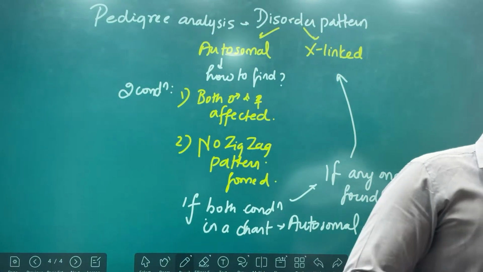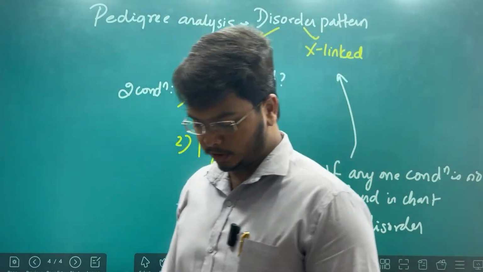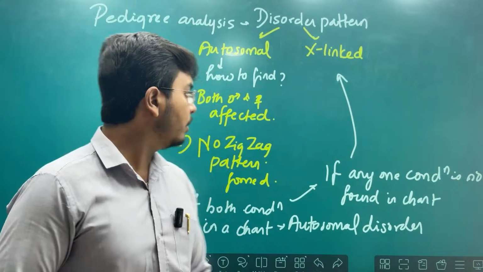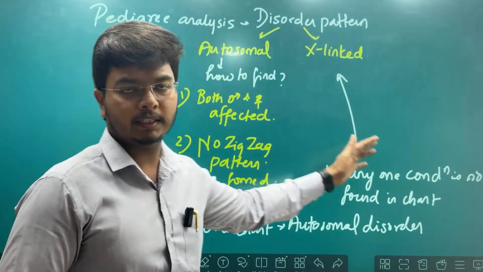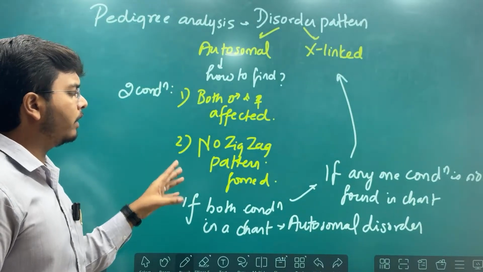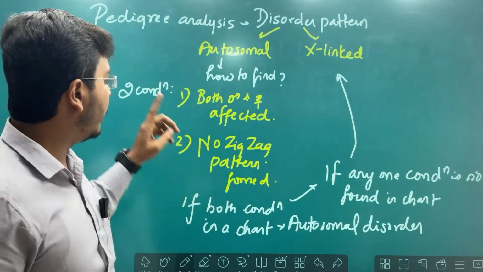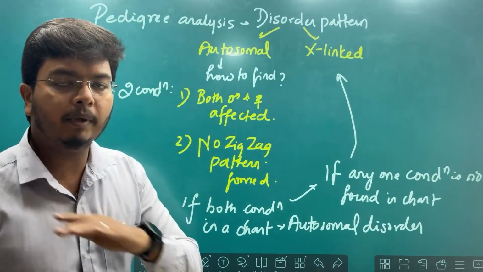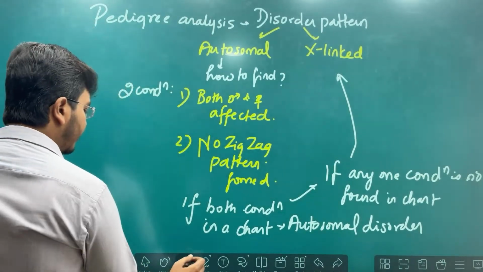So, pedigreeல ரெண்டு type of disorders பத்தி படிச்சிட்டு இருக்கோம். Okay, so one என்னது? One is autosomal, another one is X-linked. Autosomal அப்படின்னு கண்டுபிடிக்கணும்னா we need two conditions. Okay, one is both male and female should get affected, and the second one, there should not be a zigzag pattern. What is zigzag pattern, sir?